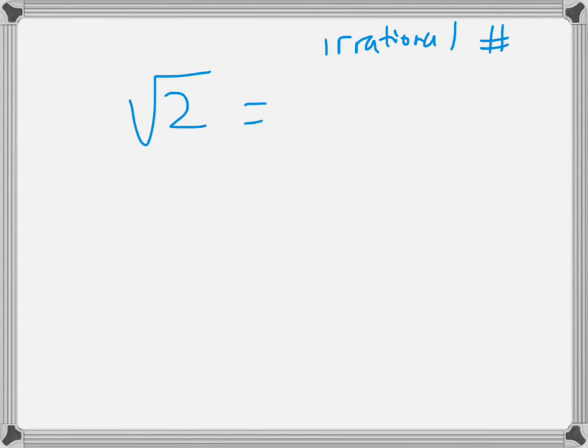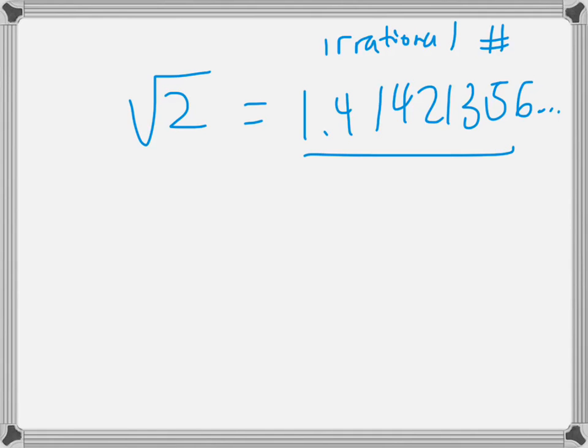So the number neither terminates nor repeats. In order to write the number in its exact form as a decimal, I'd have to continue writing, and I could never get to the end of that number, right?